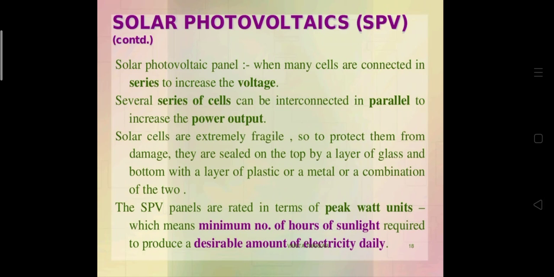That means a very minimum number of hours of sunlight is required to produce power. We need not have more sunlight; only a minimum amount of sunlight is used to produce power from these solar panels.